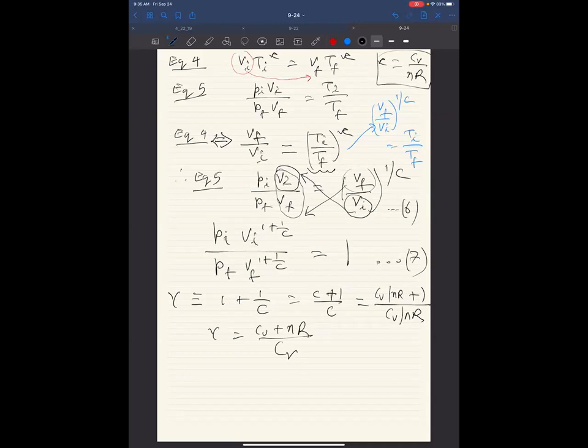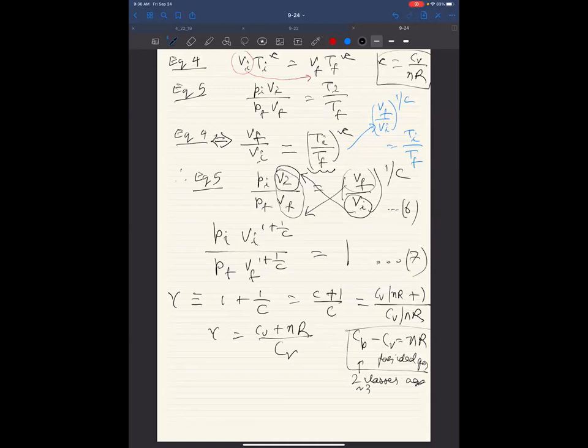We showed this two classes ago, 2 or maybe 3. CP is always greater than CV, right? I think Stella or someone else made that argument that CP is always more than CV.